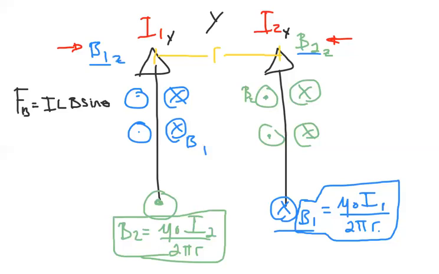Y and Z, those are perpendicular. So we know that the angle between this is 90, so that just becomes 1. And that's true for both these.